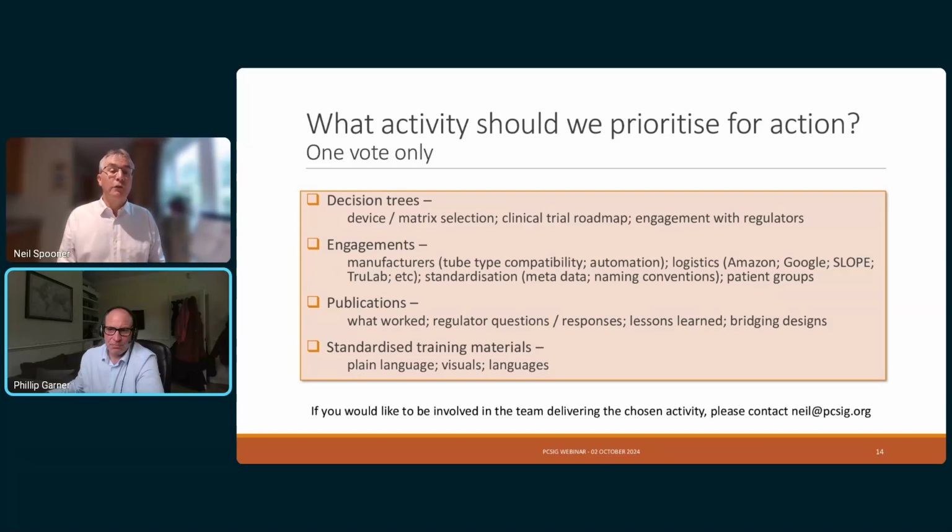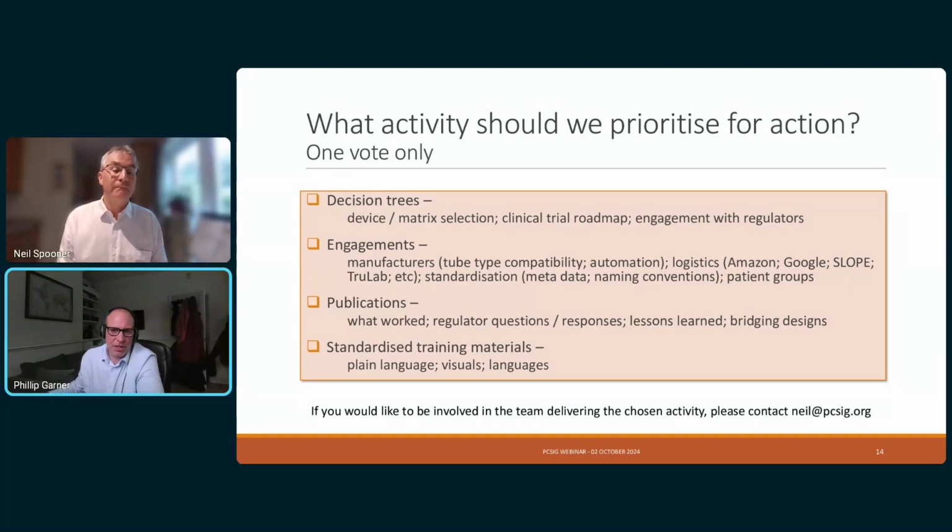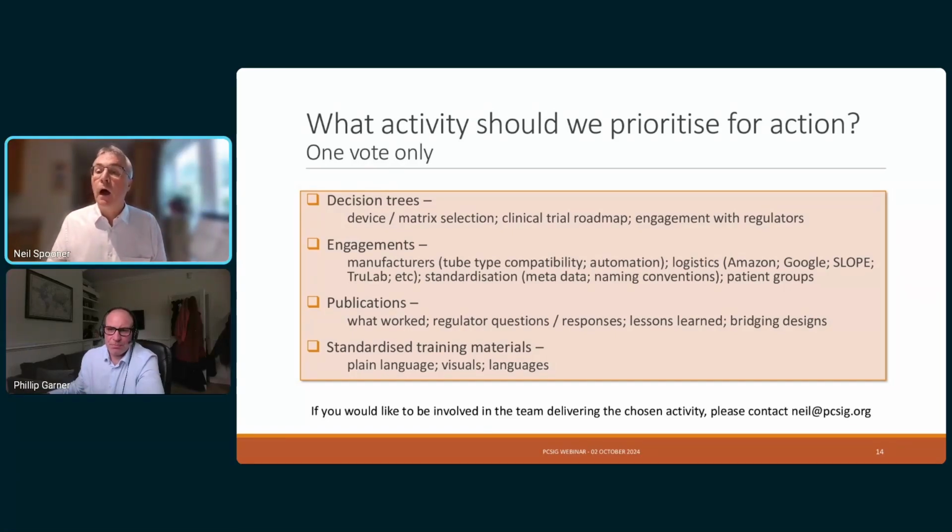Okay, so nothing on publications and standardized training materials. Well, okay, there were some. So as I said, I ran the poll a couple of times because it kept expiring, and there are some votes on the first two, but it is mainly engagements that wins out and decision trees second. Okay, fabulous. Thank you, Phil.